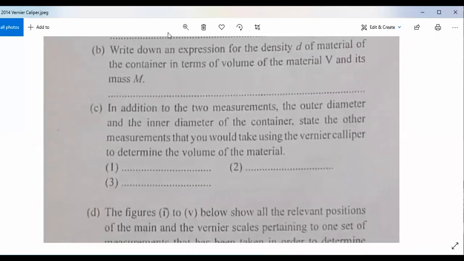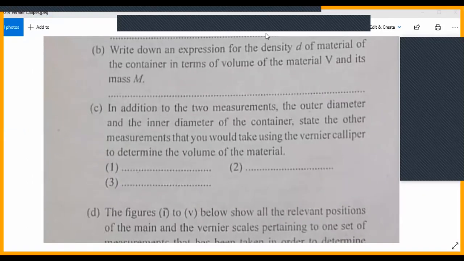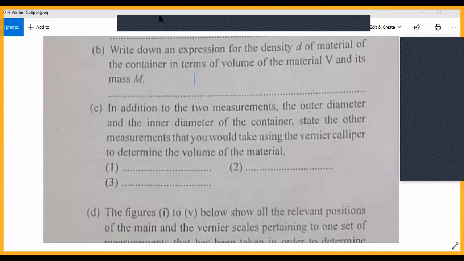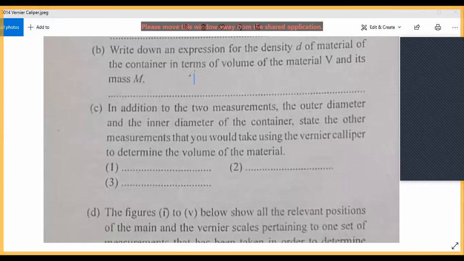Write down an expression for the density of the material of the container in terms of volume of the material V and mass. So what is density of anything, dear? Density of anything equals mass over volume.